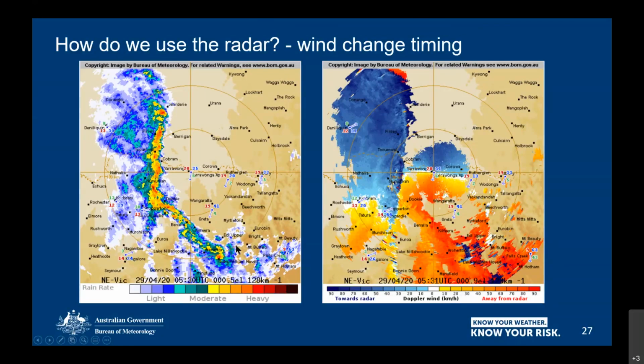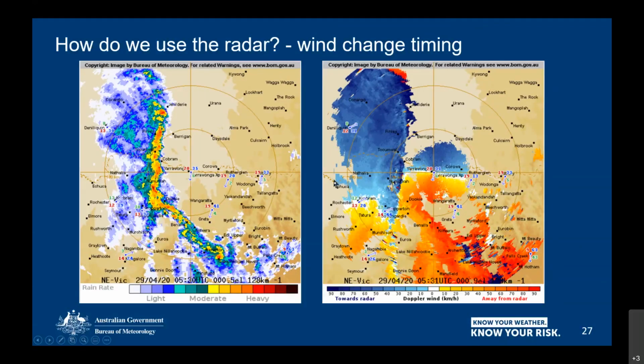And this ties in really nicely with our Doppler imagery. Remembering that blue is incoming and the orangey reds are outgoing. Directly at the radar, we have our incoming winds and then our outgoing winds through this way. That fits in really nicely with our northerly winds here.